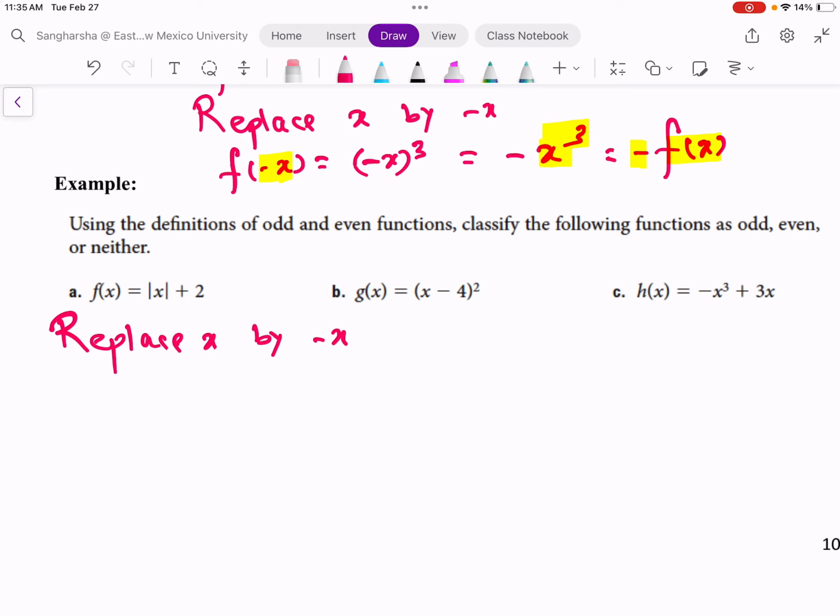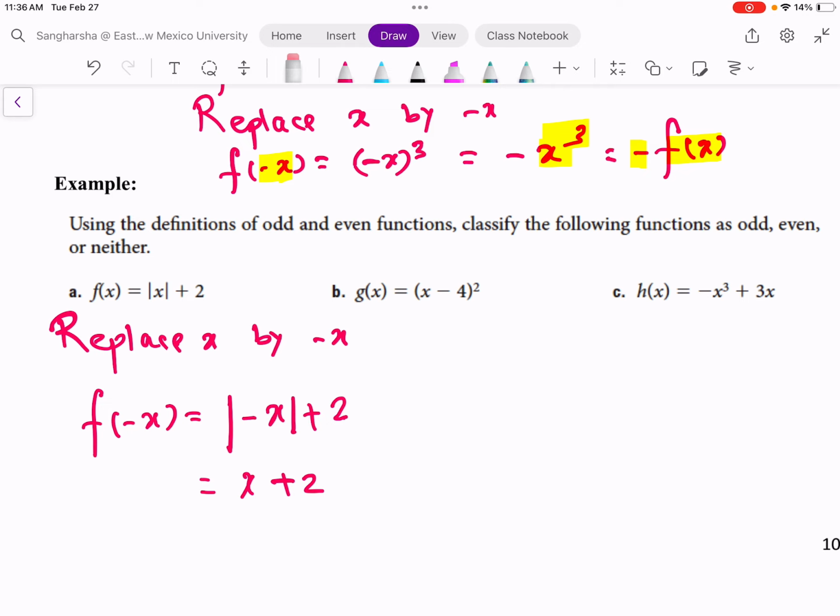So if you're asked to classify even, odd, or neither, you just replace x by negative x. Let's see what happens. We have f of negative x equals the absolute value of negative x plus 2. Now what is the absolute value of negative x? Positive x, right? Plus 2.